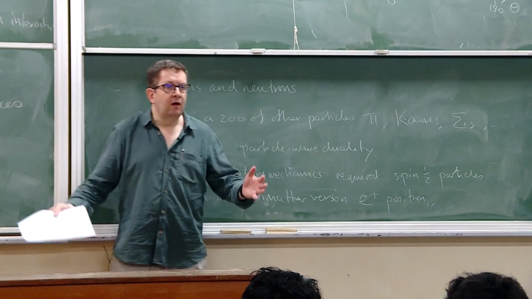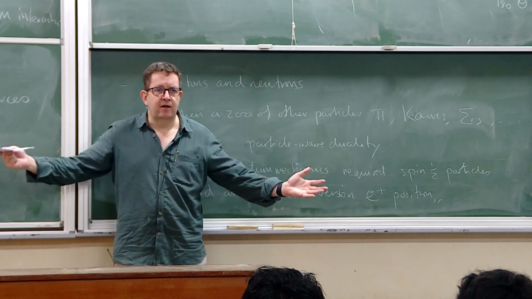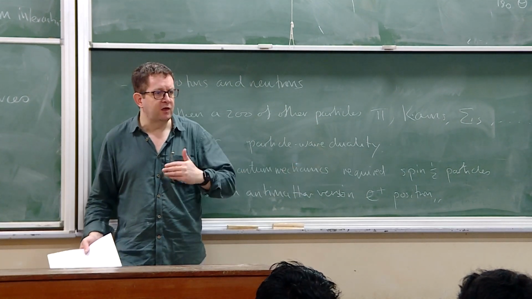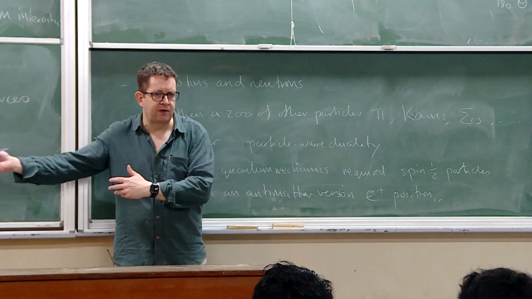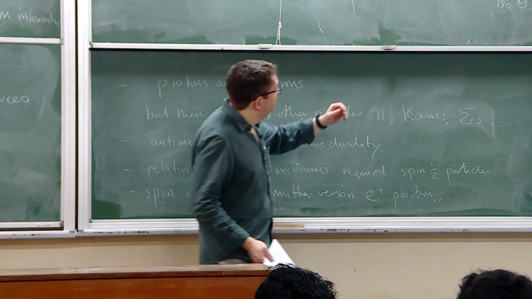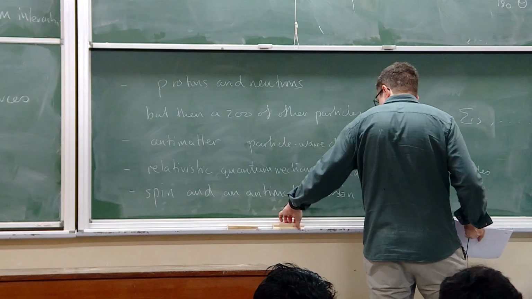Okay, so the theory was completely symmetric. It said that I would always produce a positron along with an electron. Okay, so this is this pair production mechanism.